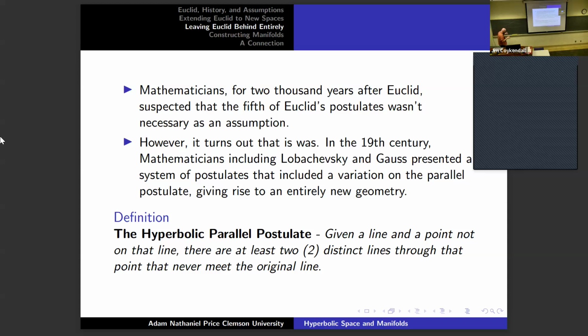Now, I'm using the blackboard as an atlas. Hyperbolic spaces are manifolds, I should mention that. So there is an atlas from hyperbolic space into Euclidean space. I've just selected a patch, and I've selected my function so that the straight lines appear to be roughly straight.